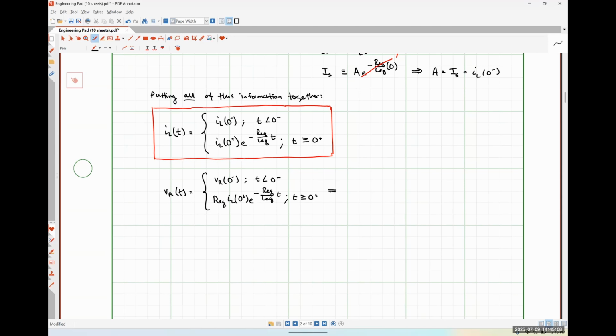So REQ times IL at 0 plus is literally just the voltage drop across the resistor at t equals 0 plus.